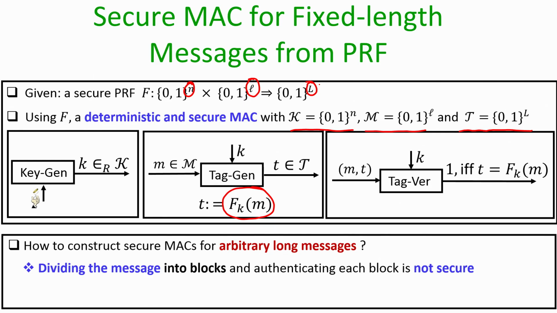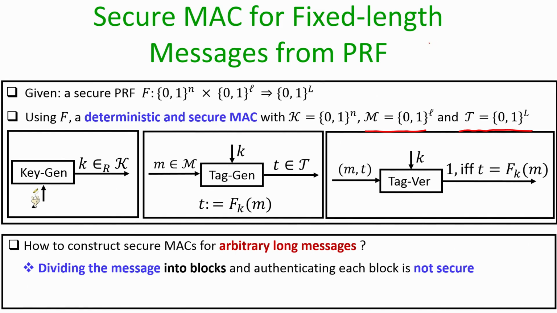And it turns out that, unlike CPA secure encryption schemes, where if we have a CPA secure encryption scheme for encrypting big L bit messages and want CPA security for arbitrary long messages, it sufficed to divide the larger message into several blocks of big L bits and encrypt each block using an instance of the fixed length encryption process, that process of dividing the message and authenticating each block using this fixed size MAC is not going to give you a secure MAC construction.